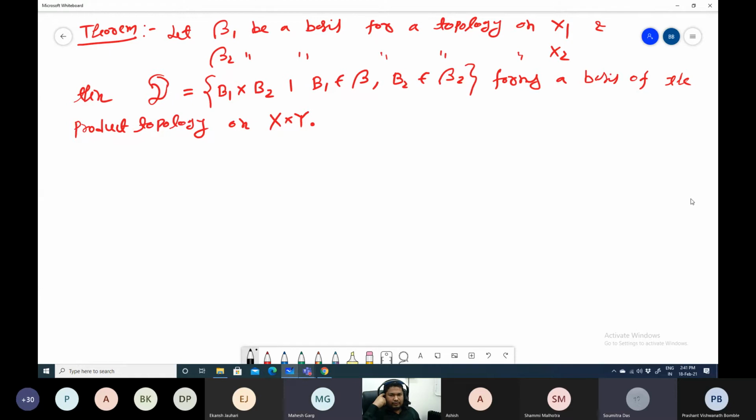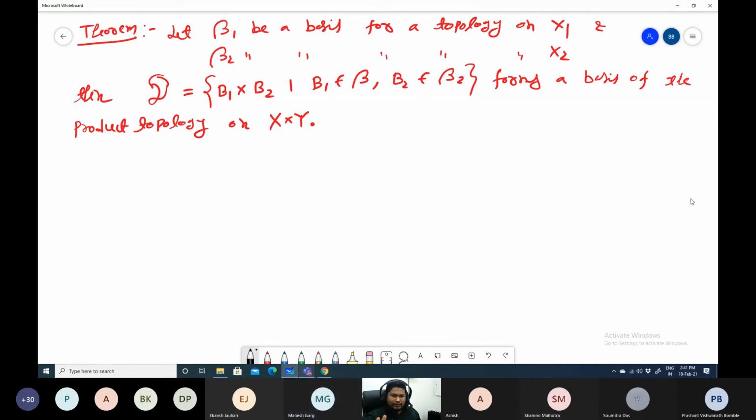Sir, the first condition holds because for every point belonging to X cross Y, we have to get a set in B1 cross B2. So we have a set containing (a, b). From a I get a set from B1, and for b I get a set from B2. So for every point in X cross Y, I get a set in B1 cross B2. Actually, you are on the right track, but I did not ask that one.